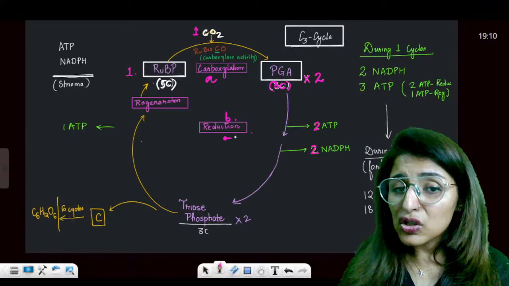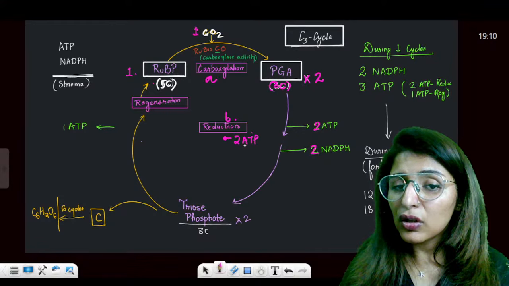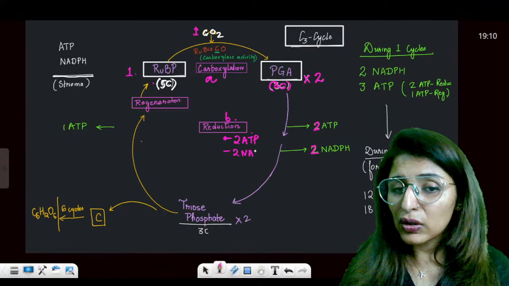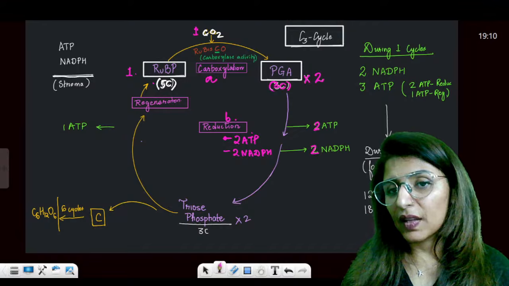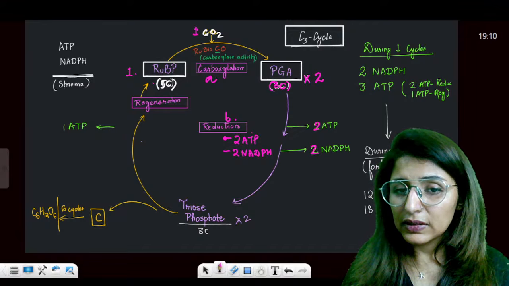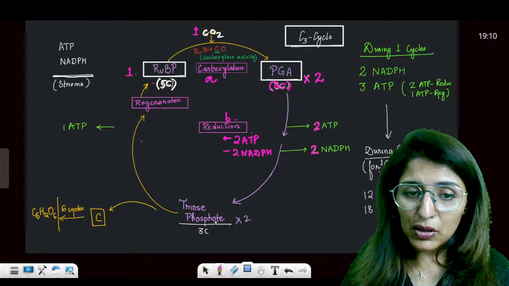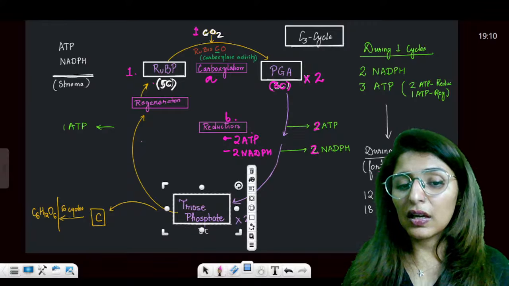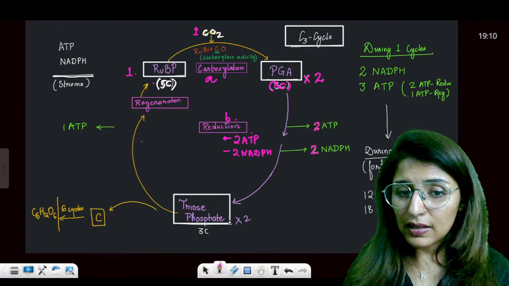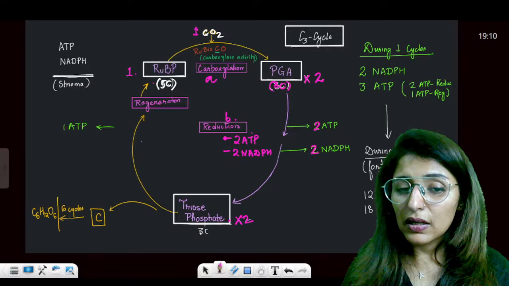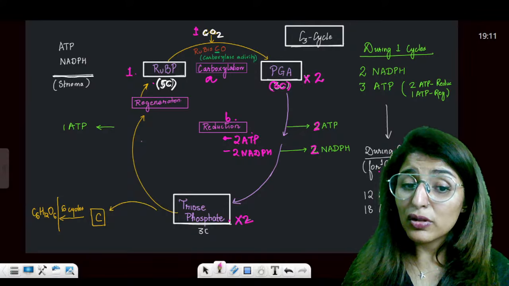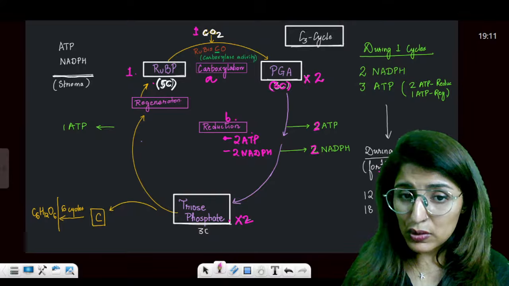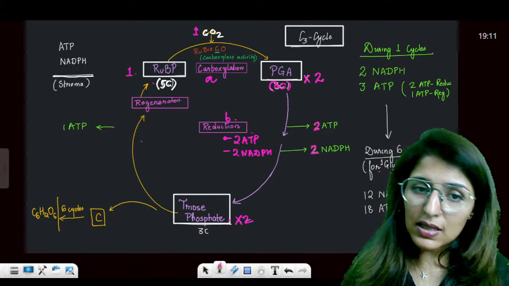During reduction, 2 ATP and 2 NADPH are used for the reduction of 2 molecules of PGA. Please make sure these points are clear. It results in the formation of triose phosphate, again 2 molecules, again 3C. From these 2 molecules of 3-carbon triose phosphate, 2 times 3 is 6.